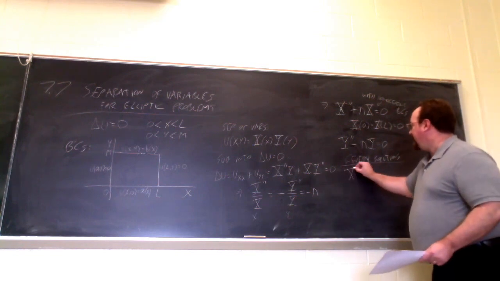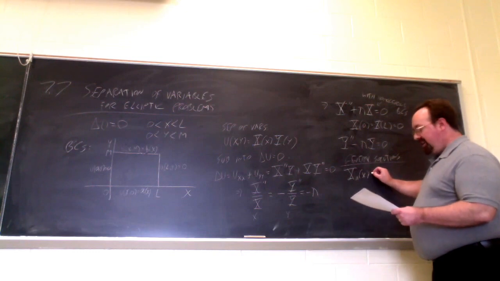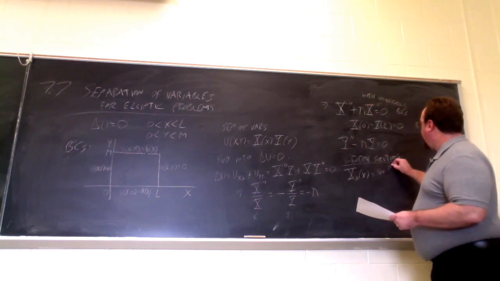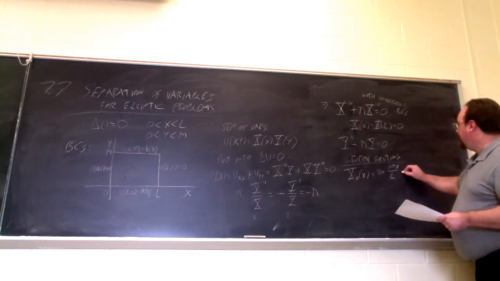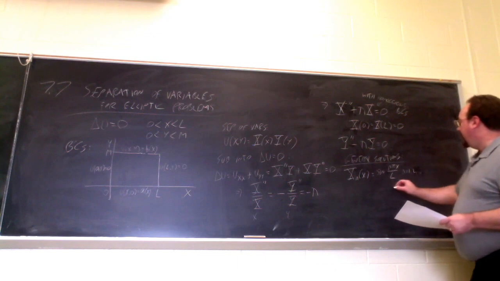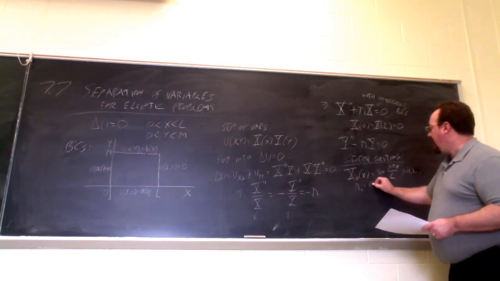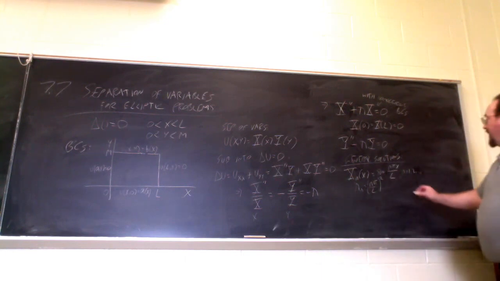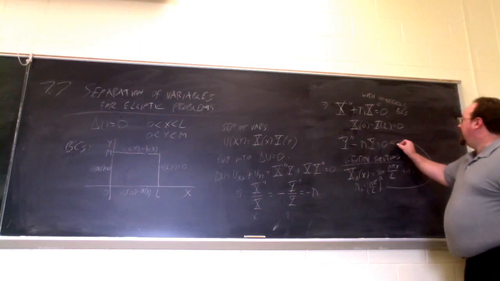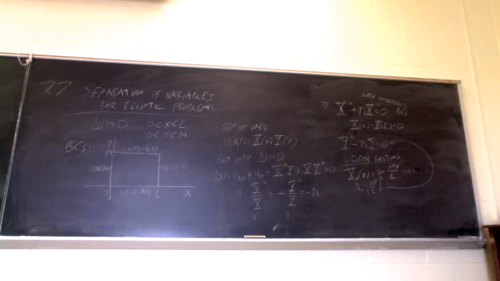So we have big X sub n of x is going to be sine n pi x over L, and n is equal to 1, 2, etc. And your eigenvalues, lambda n, are n pi over L squared. So now you can go ahead and use that in this ODE.